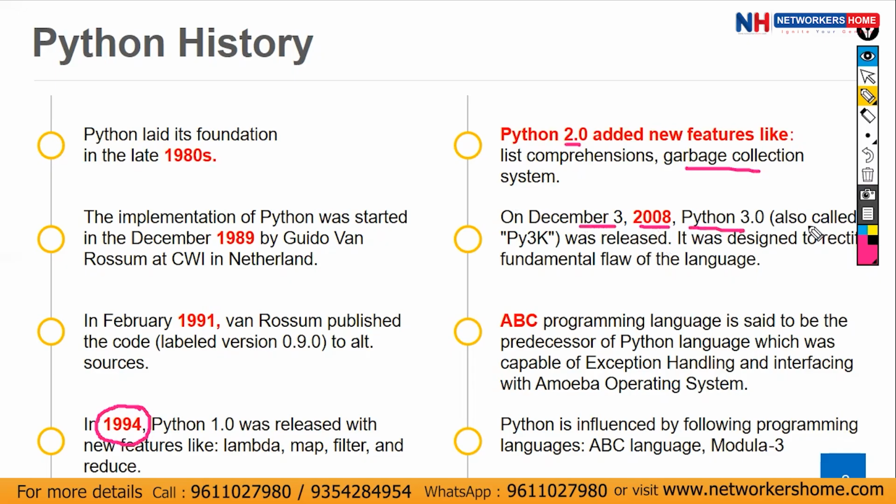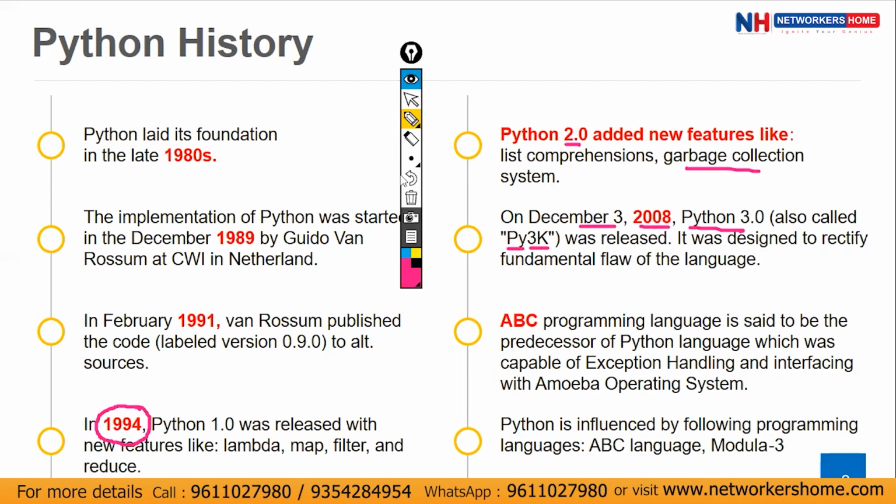Okay, and that is also called Py3K, the Python 3 version. It was designed to rectify the fundamental flaws of the language. Okay, so the ABC programming language is said to be the predecessor of the Python language, which was capable of exception handling and interfacing with the Amoeba operating system here.